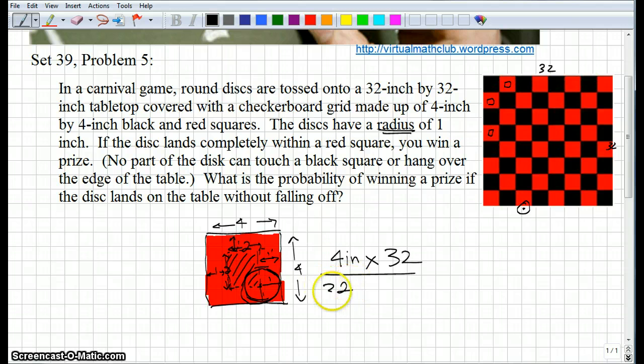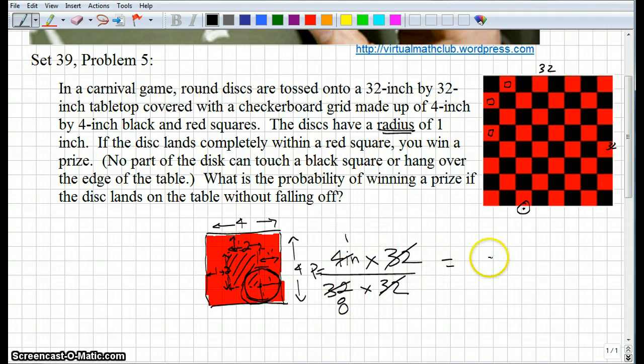So we have 32 by 32 as the total possible area where the center could land, and the area where the center could land and we win a prize is 4 times 32. So that's going to be our probability. P equals, 32 over 32 is just 1, and then I can divide 4 into 32 and I get 8, right?